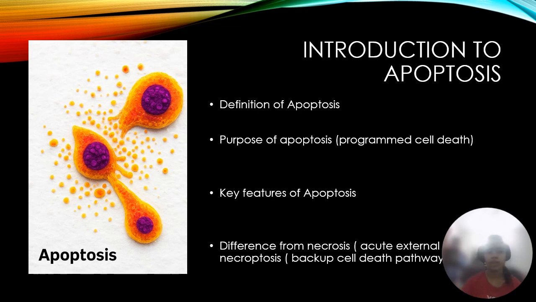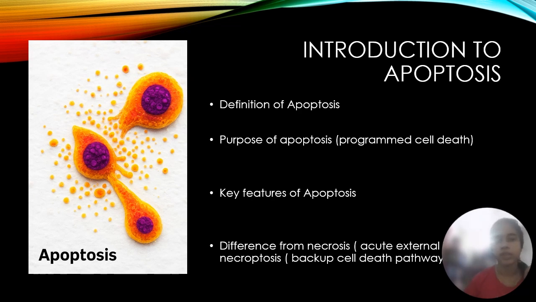Apoptosis is a genetically controlled process where cells deliberately self-destruct, through a series of very much regulated steps carried out by certain enzymes called caspases. Caspases are a class of proteases, and they help in the activation of cell death. We'll discuss this now.